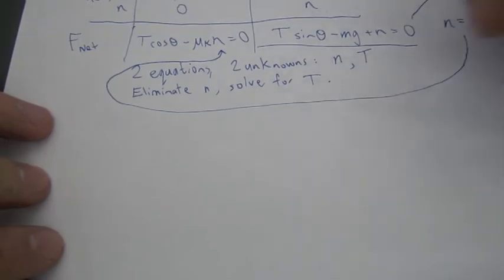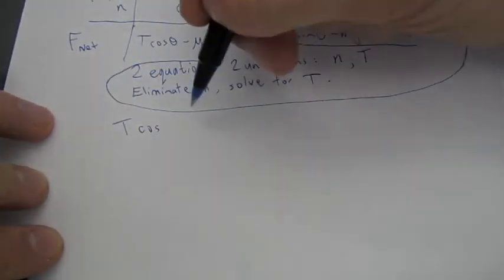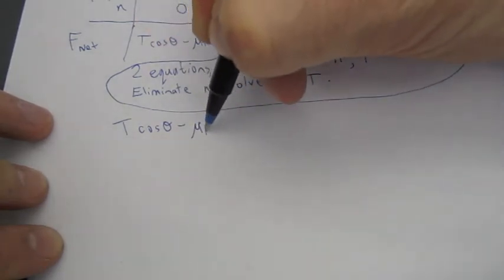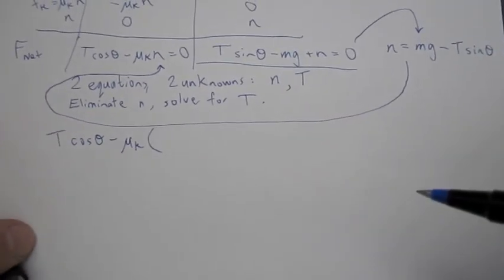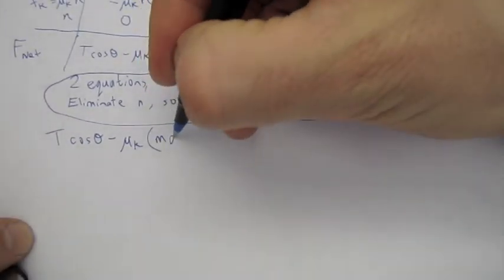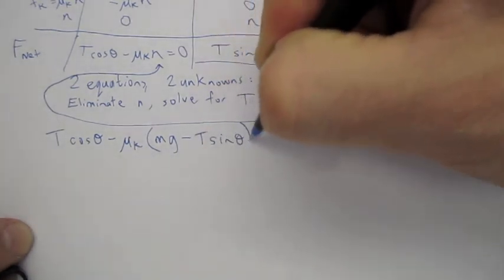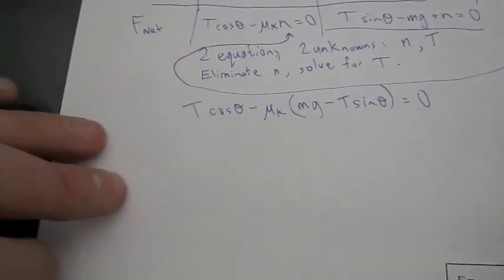And what that's going to look like is t times cosine of theta minus mu sub k times mg minus t sine theta equals 0. And we just have to solve that for t.